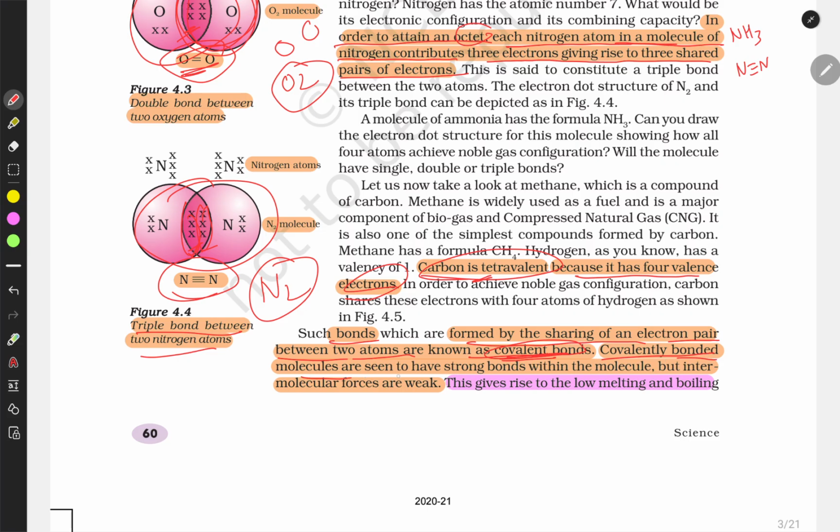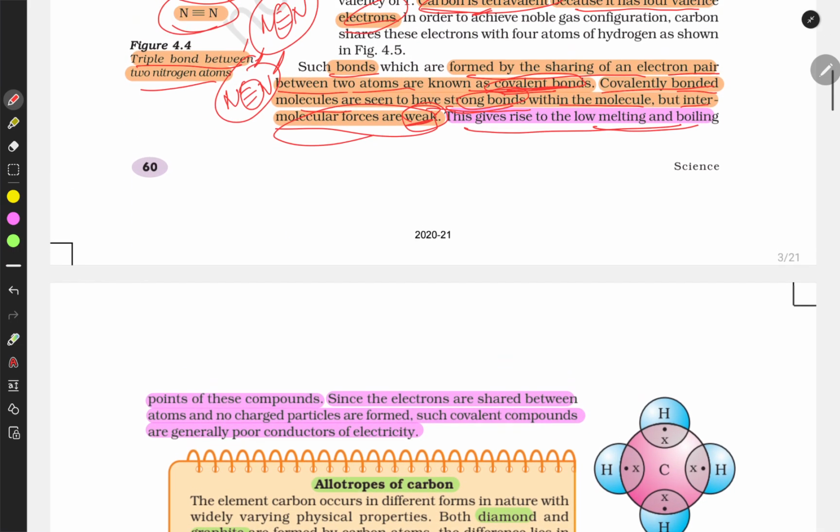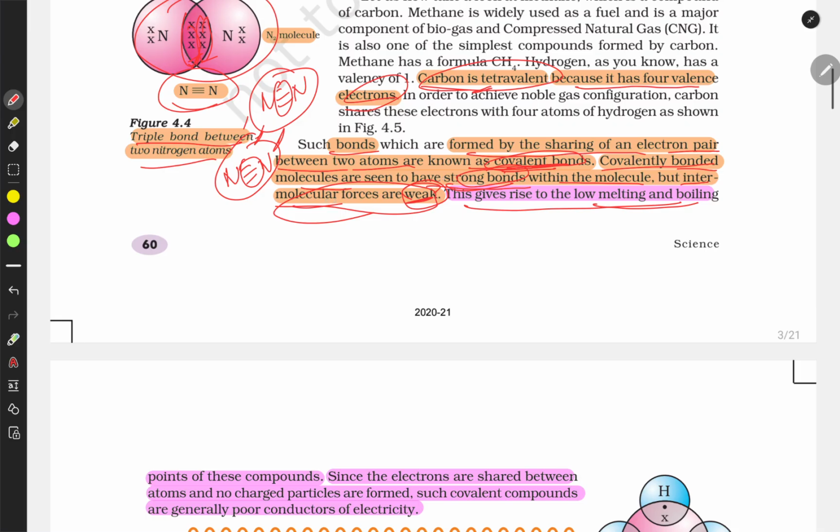Covalently bonded molecules are seen to have a strong bond within the molecule, but the intermolecular force is weak. They have strong bonding, but the intermolecular force between two molecules, suppose there is another N2 molecule, will be weak. This gives rise to low melting and boiling points. Because of the weak intermolecular force, these will break while heating.